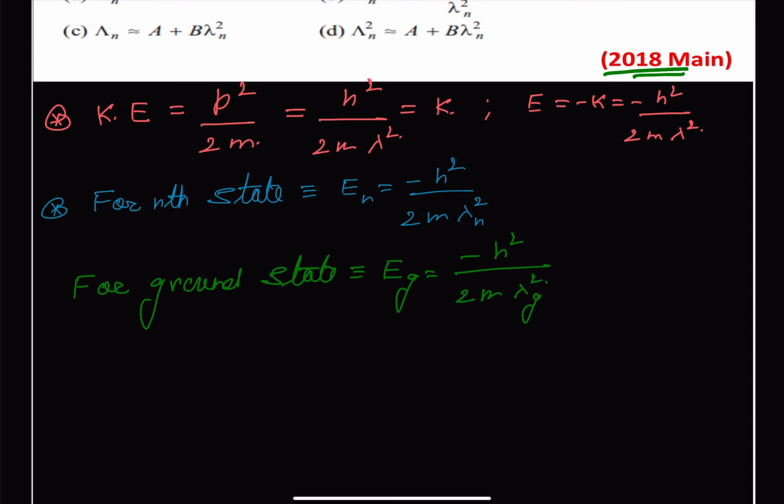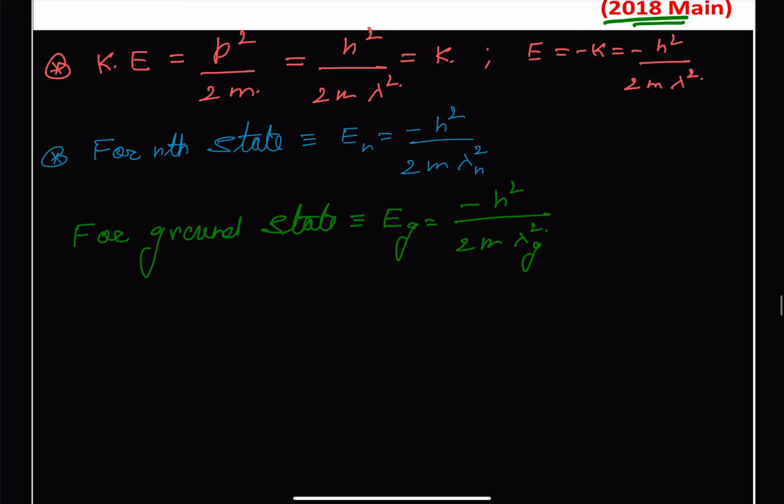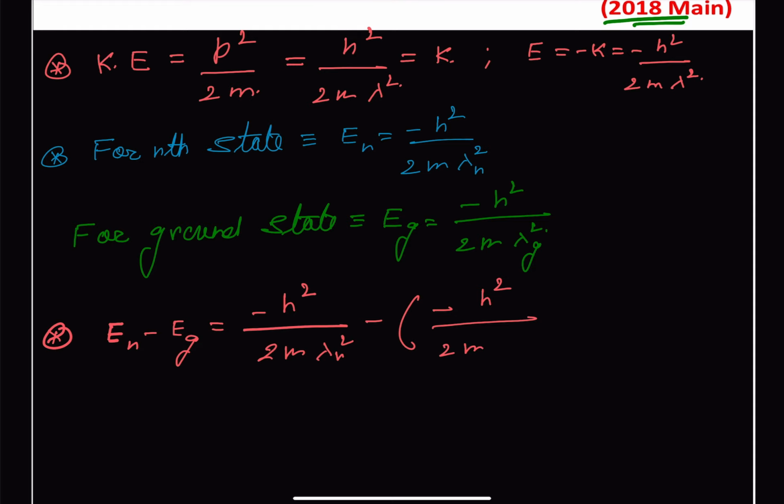Now we can find out their difference. So we can write that En minus Eg will be equal to minus h square upon 2m lambda n square minus of minus h square upon 2m lambda g square.